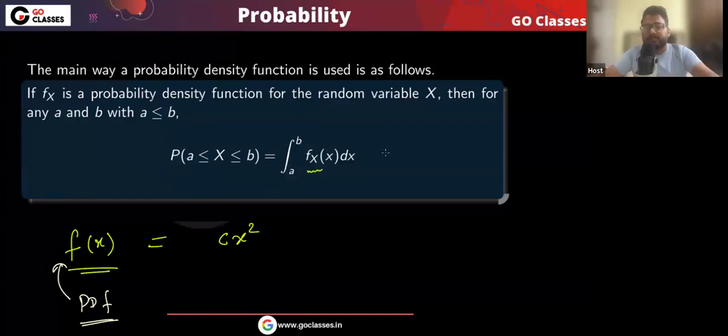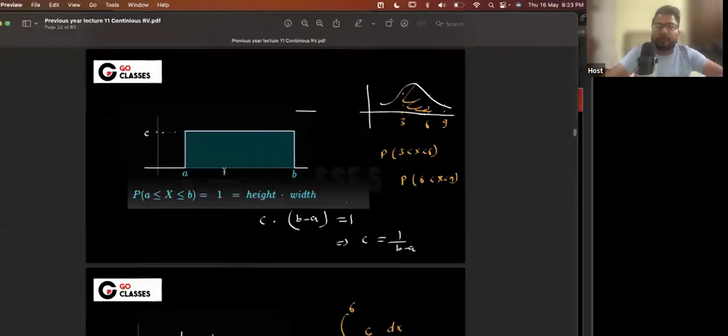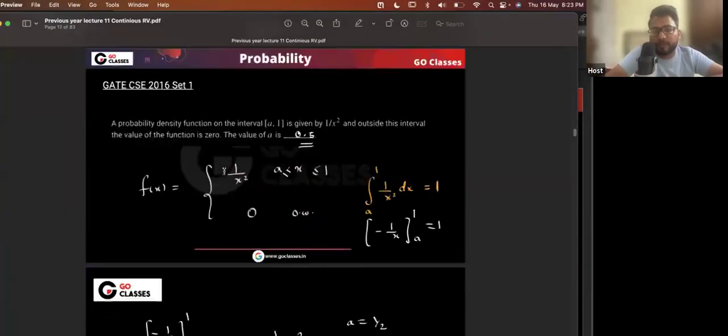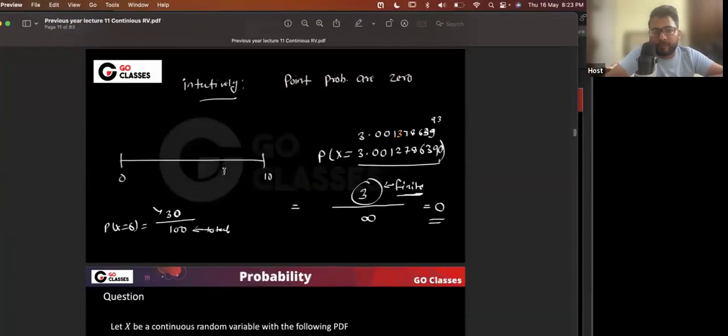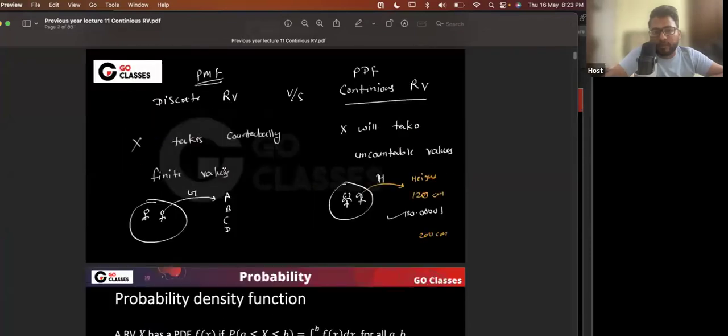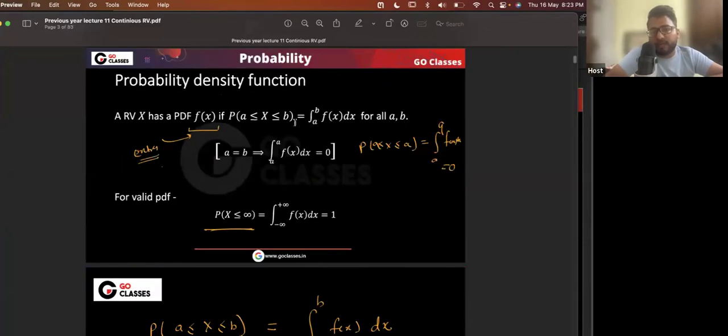In module 1, we defined the probability density function. A random variable X has probability density function f(x) if the probability of being between A and B can be defined like this. So the probability at any point is zero, because whenever A and B are the same, integration from A to A is zero.